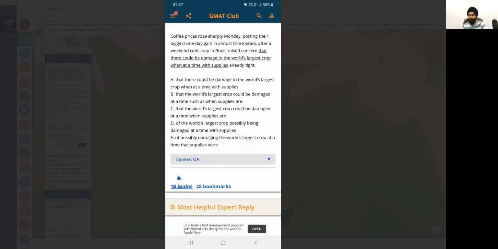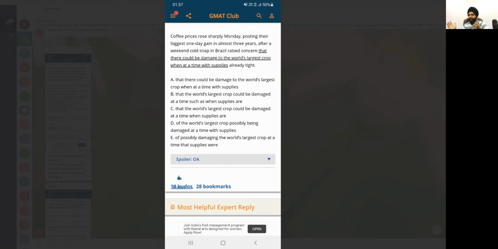This is a very common way GMAT especially distorts sentences. And I think one of the reasons probably they are doing it is that's also the common way we distort sentences. Here we need a clause, a concern. Then you need a proper idea after concern. What is the concern? That the crop could be damaged.